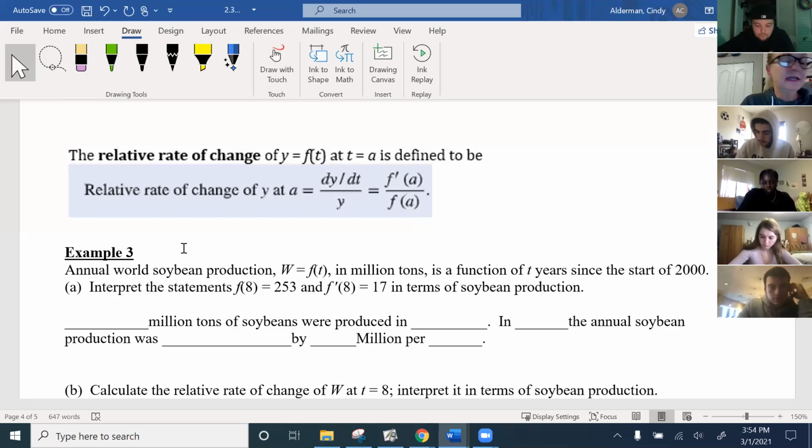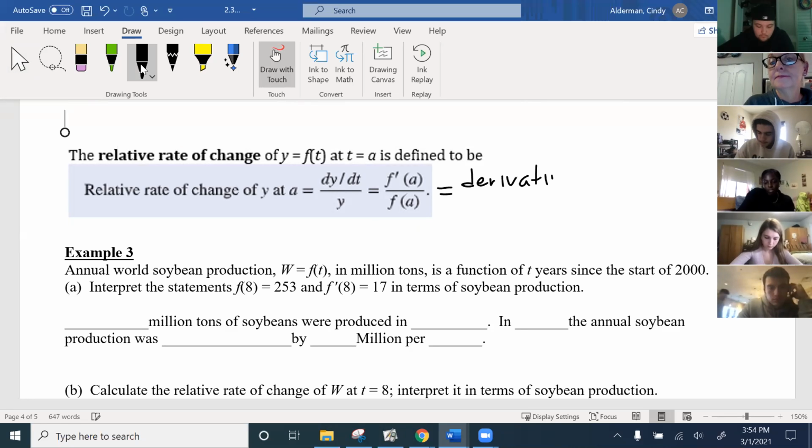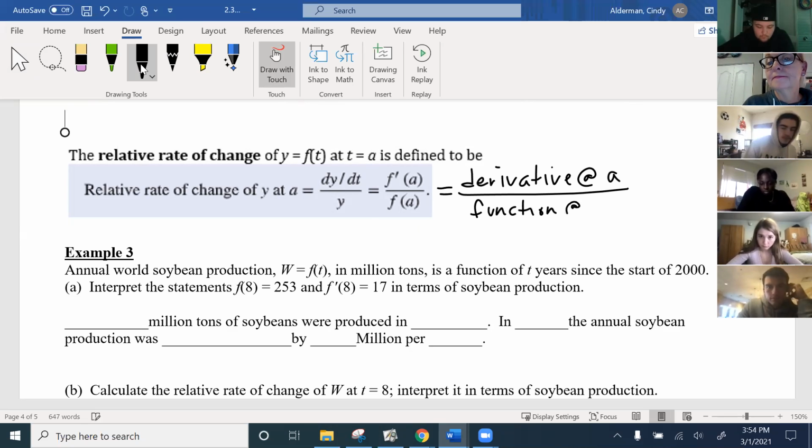All you're doing is taking the derivative at a and dividing it by the function at a. So take whatever the derivative is and divide that by whatever the function is at that same value of a.